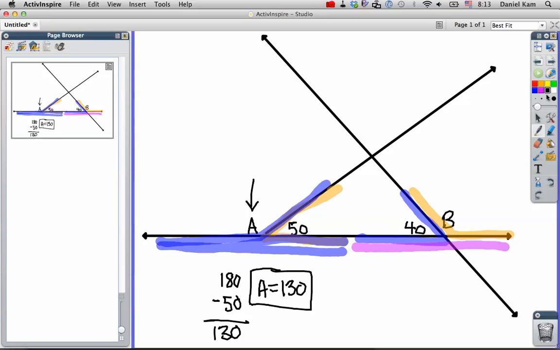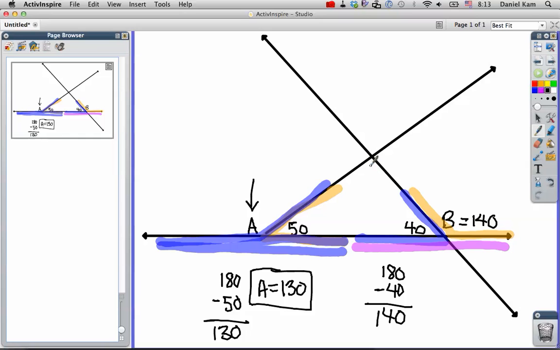So all we have to do is subtract 180 minus 40 to figure out what angle B is. That's 140. So we know that B is going to equal 140.